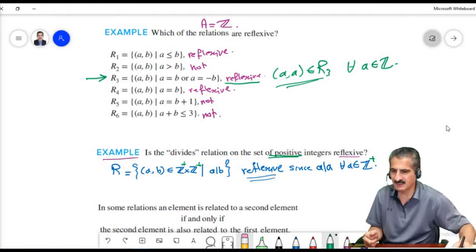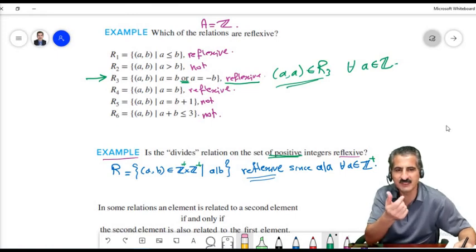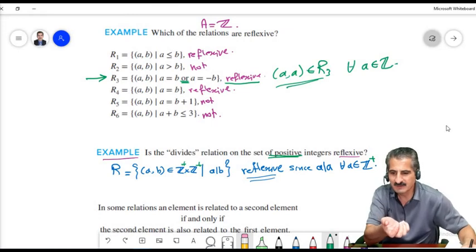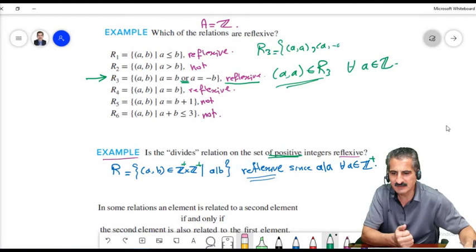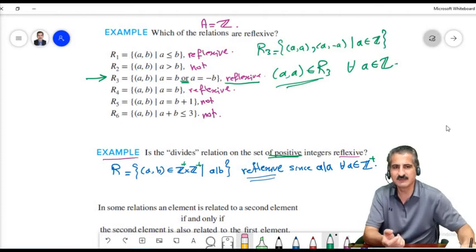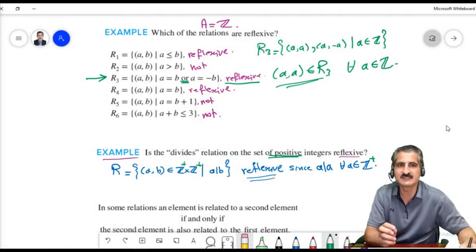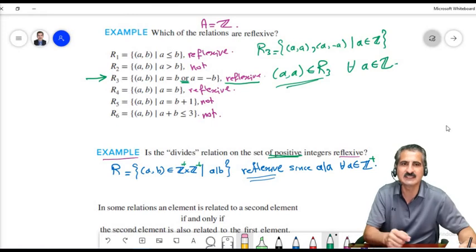So it says "or", which means we have this or that, or we have both of them. I just wrote that operation before that relation. It consists of (a, a) and (a, -a), where a belongs to Z. So the or here is not the exclusive or, it is the inclusive or.